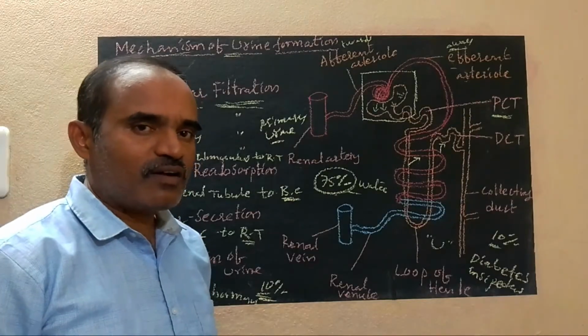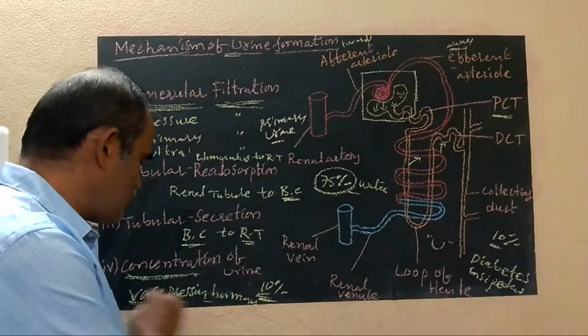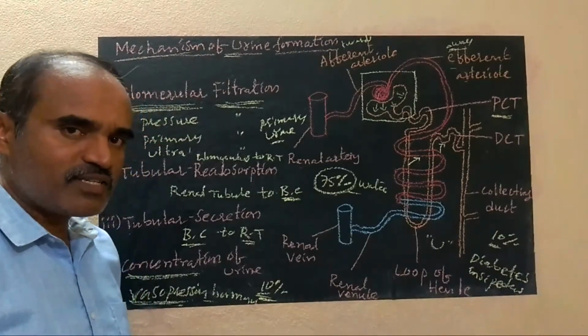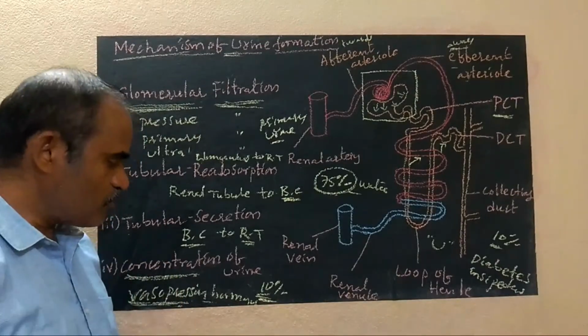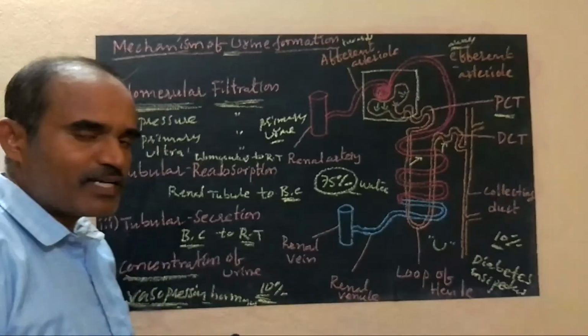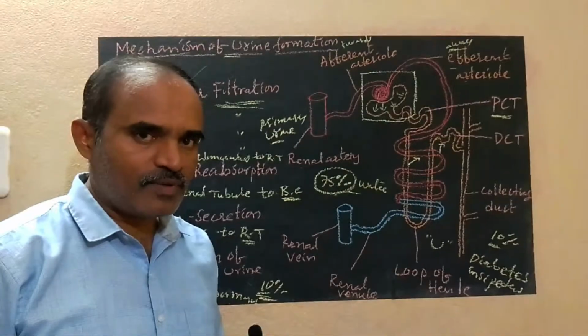When the urine is concentrated, a hormone released by the pituitary gland decides the concentration of urine. What is that hormone? Vasopressin hormone, secreted by the pituitary gland.